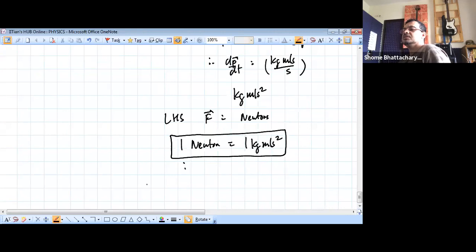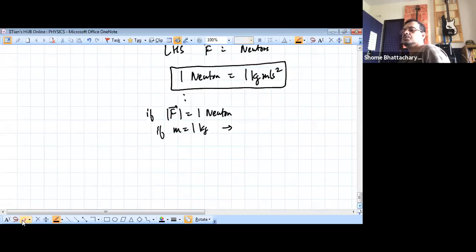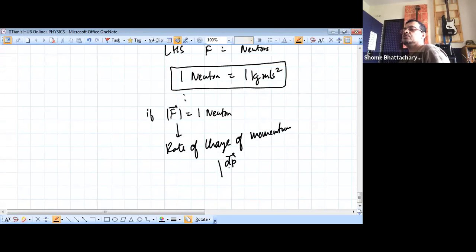So this statement basically means that if the magnitude of the net force is equal to 1 Newton, this force will create a rate of change of momentum such that its magnitude will be equal to 1 kg meter per second per second.